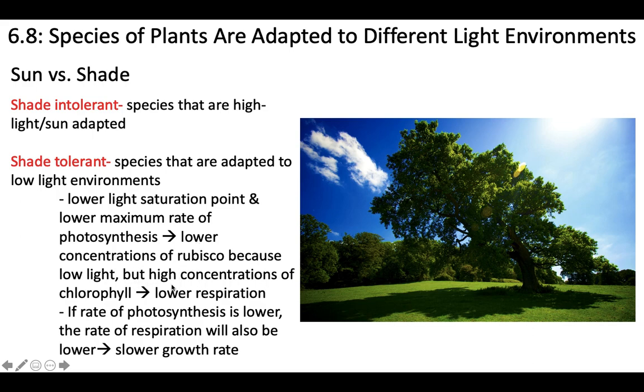But they'll have high concentrations of chlorophyll, sorry, I misspoke before, because they are adapted to low light environments. And so the more chlorophyll they have, the more likely they are to obtain that light radiation when it's available in the environment. So if their rate of photosynthesis is lower, the rate of respiration is going to be lower, and so they'll have a slower growth rate.